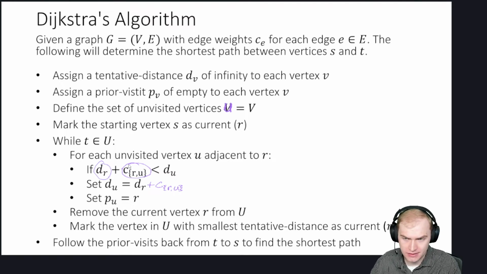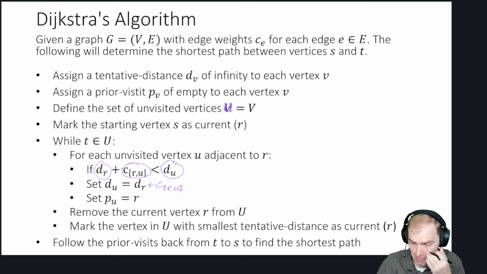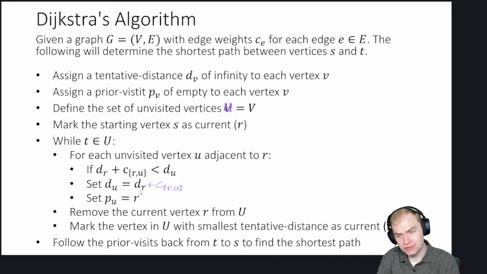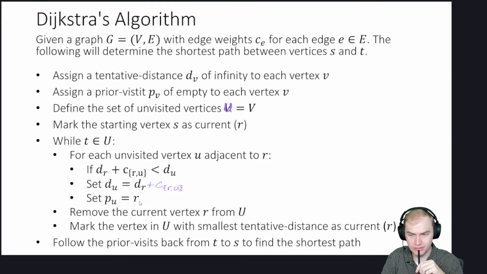If that is less than the current tentative distance of U, then it would be a shorter path to take edge RU. So we set this new tentative distance, and we set the prior of U to R, the current vertex.